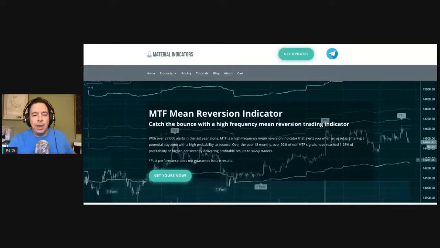Now, our MTF Mean Reversion Indicator is exactly what it says. It's a multi-time frame mean reversion indicator, meaning it is going to give you signals with a high probability of bouncing. And I'll get into that a little bit further in a moment.